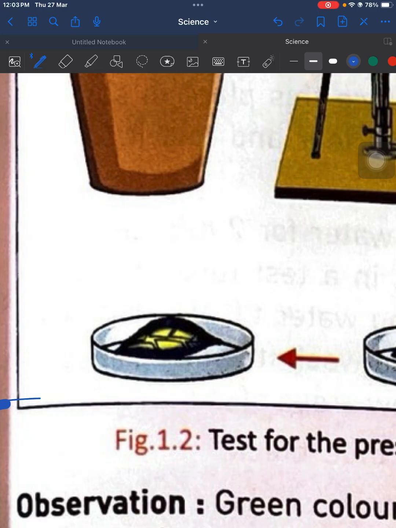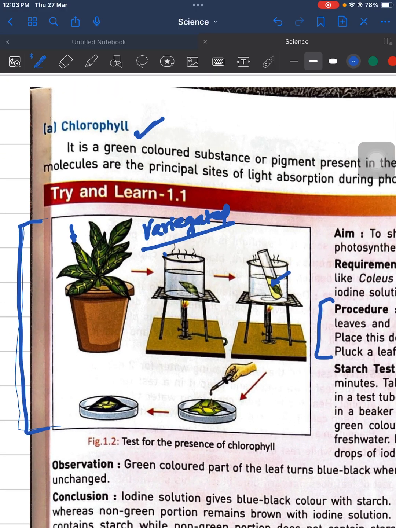And those white patches in which no chlorophyll is present, no new starch is synthesized, and those areas remain white under the iodine solution treatment. So this experiment shows that chlorophyll is necessary for photosynthesis.